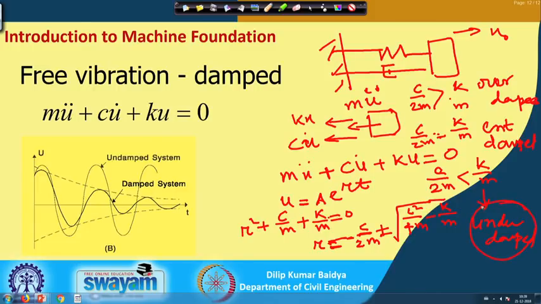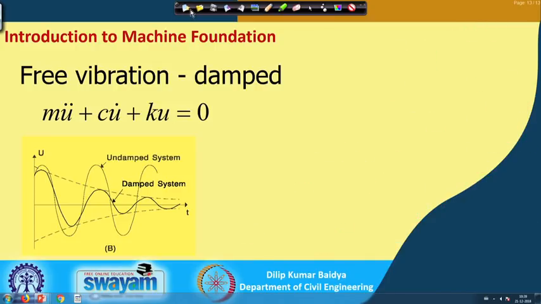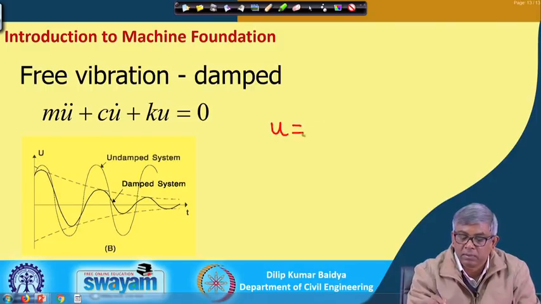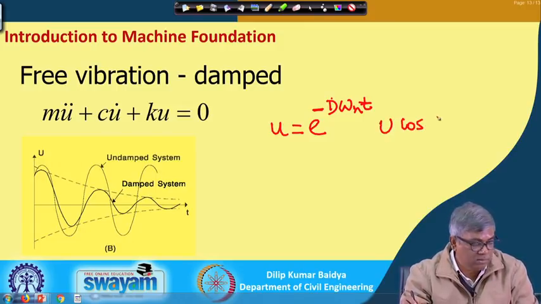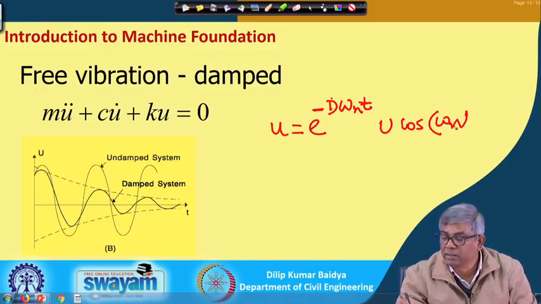Because of that, we can arrive at the under damped solution. The under damped solution is something like this. The final solution comes like that: u equals e to the power minus xi omega n t, then u cos of omega d t minus alpha.